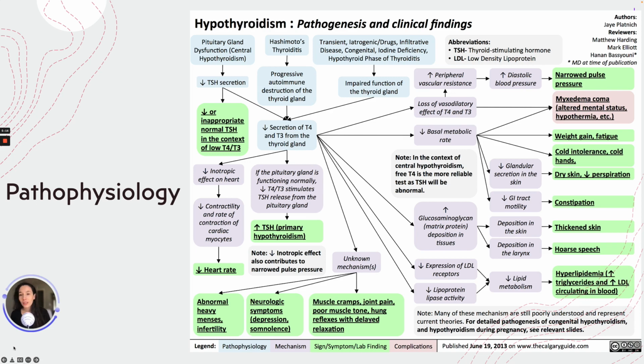We'll also see, because of decreases in T3 and T4, an increase in peripheral vascular resistance, a loss of vasodilation, decreased metabolic rate, an increase of glycosaminoglycan deposits in tissues, a decreased expression of LDL receptors, and a decrease in lipoprotein lipase activity. This is going to lead to an increase in diastolic blood pressure, so we may see a narrowed pulse pressure due to loss of vasodilation.